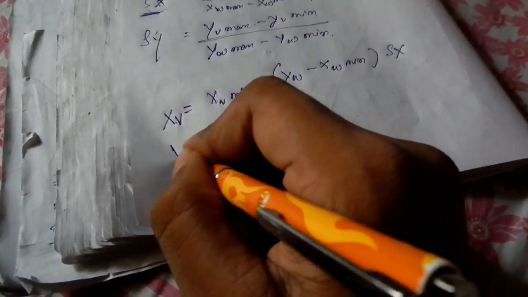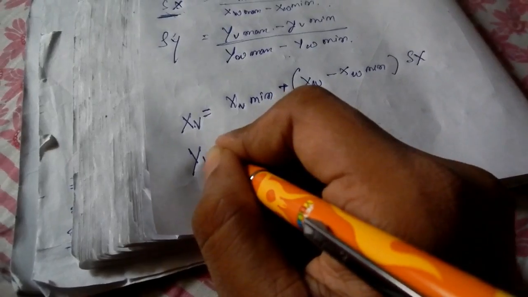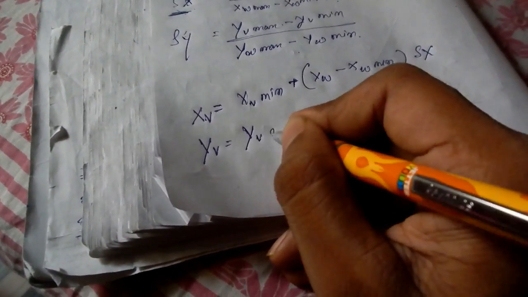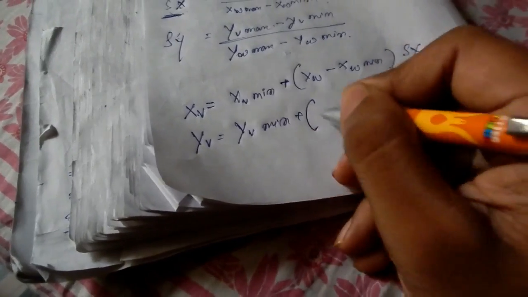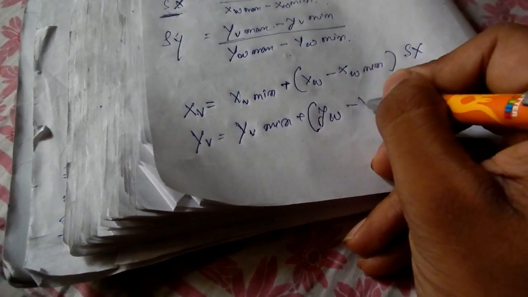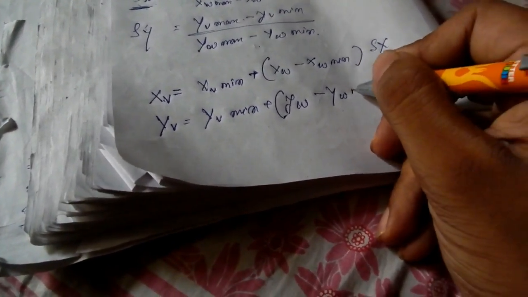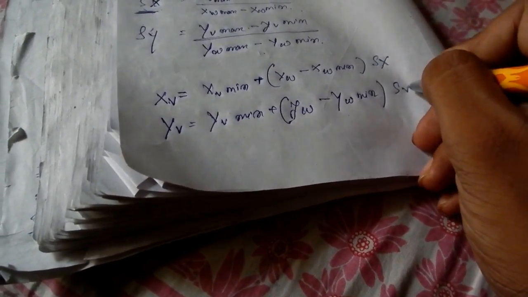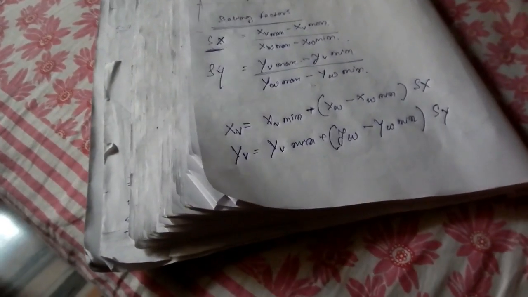Similarly, what will be yv? yv is yv min plus yw minus yw min into Sy. Clear?